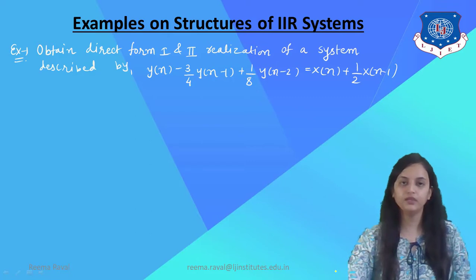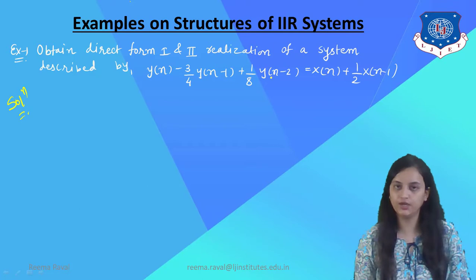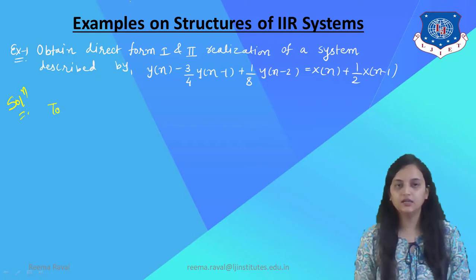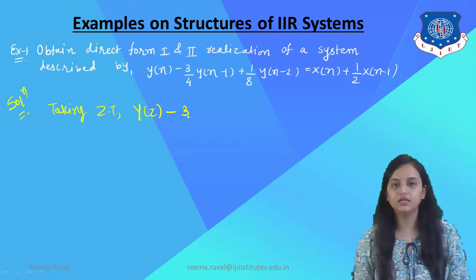So let us first of all obtain this equation in the Z transform form. To do that, we have to find the Z transform of this equation. Taking the Z transform, we get y of z minus 3 by 4, here a delay element is there.